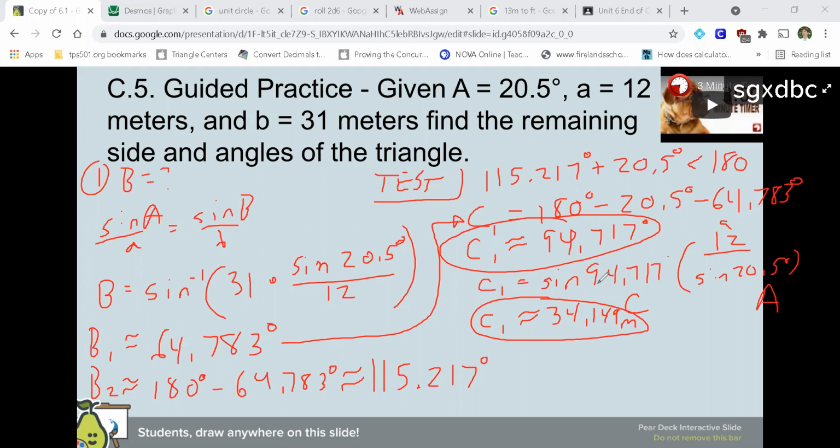And if I use my second angle, again, it's the same work. Second C value would be 180 minus 20.5, but now it's minus 115.217. That gives you 44.283 degrees.